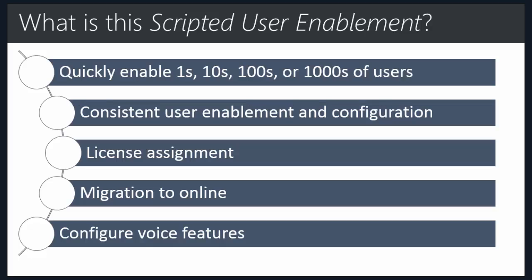And finally, it's a very easy way of configuring voice features so that you don't have to go through and find what options you want to assign to users or search for users in order to assign a phone number.